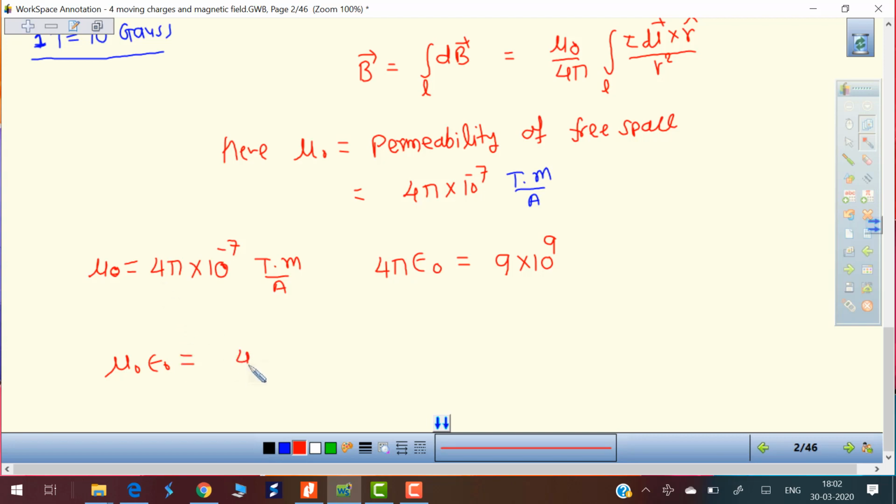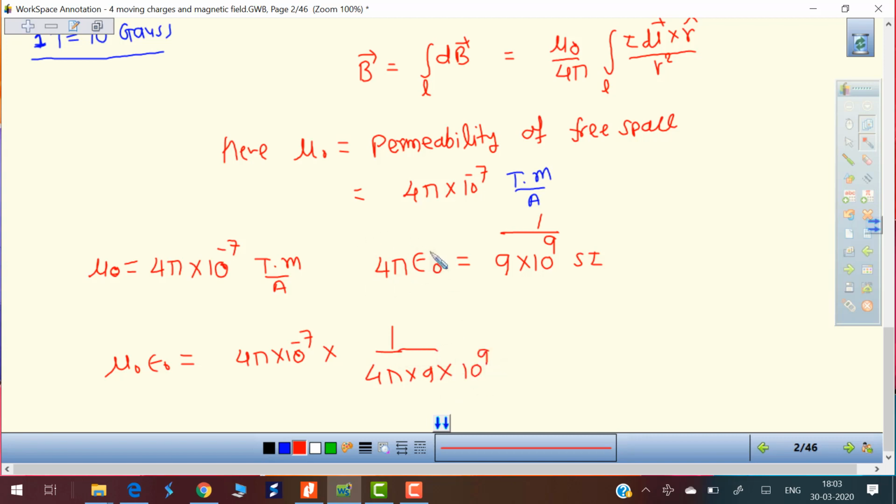So mu 0 is 4 pi into 10 raised to minus 7, and epsilon 0, in SI unit of course, is 1 upon 4 pi into 9 into 10 raised to 9.